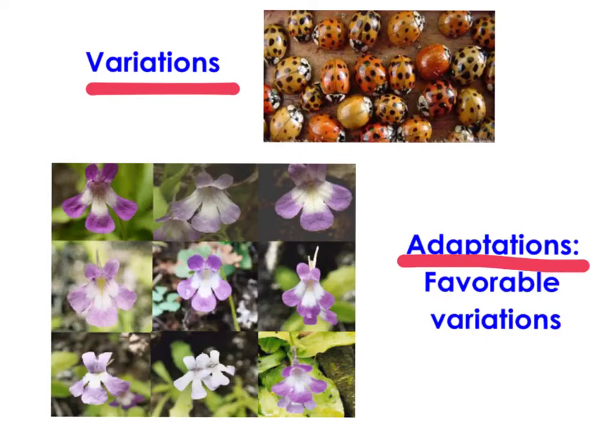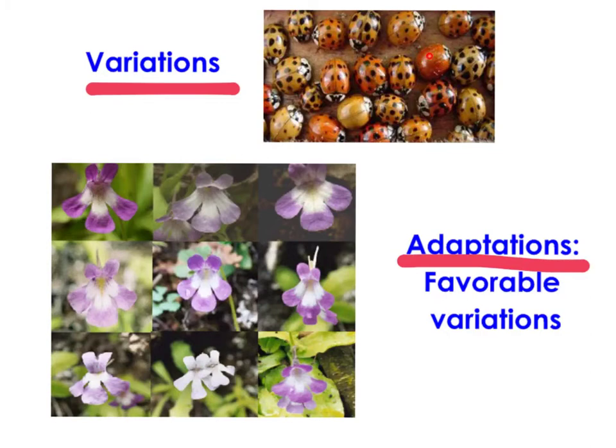So for natural selection to happen, we have to have variation. And adaptations would be that some of those variations would be favorable, or there would be some that would be unfavorable, meaning the other ones would be favorable. So for some reason, we get one of these that's more favorable than the other, and more of those individuals tend to survive in the population, and the others do not.